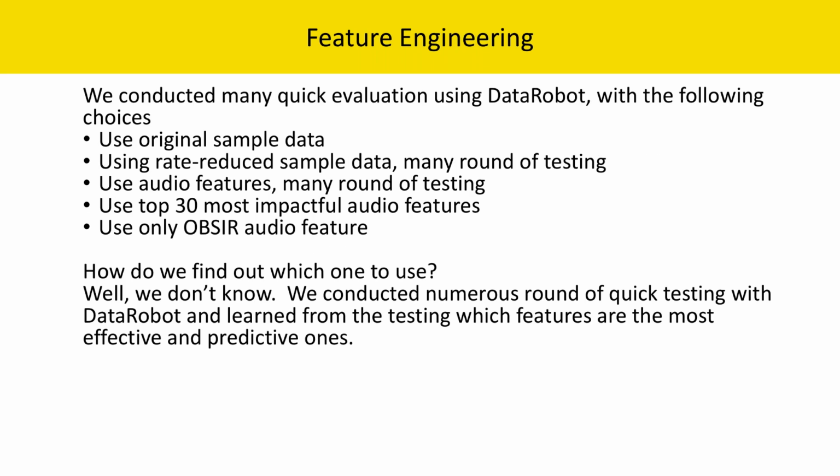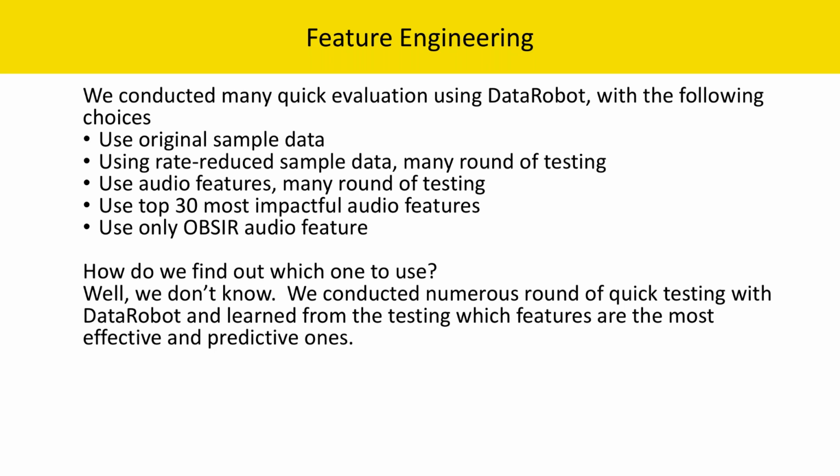So feature engineering, let's jump to that. And this one I'll spend a little bit more time on. We conducted many quick evaluations using a tool called DataRobot, which I will give you a quick demo of a bit later, with the following choices. We tested with the original sample data, and found we don't have enough data, so this is a pretty bad choice.